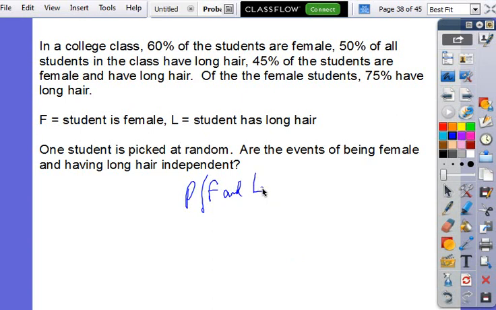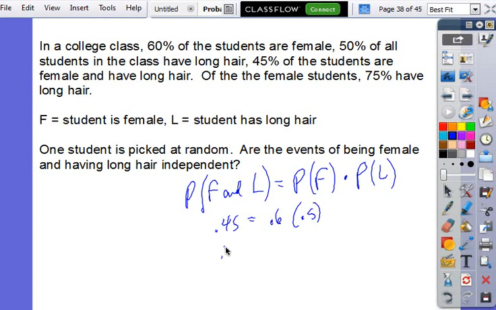Well, it's got to equal the probability of being female times probability of long hair. What is female and long hair up there? 45%, which is 0.45. Probability of just female is 60%, which is 0.6, times probability of long hair, which is 0.5. You wind up with 0.45 equals 0.3, which means they're not the same, which means dependent.